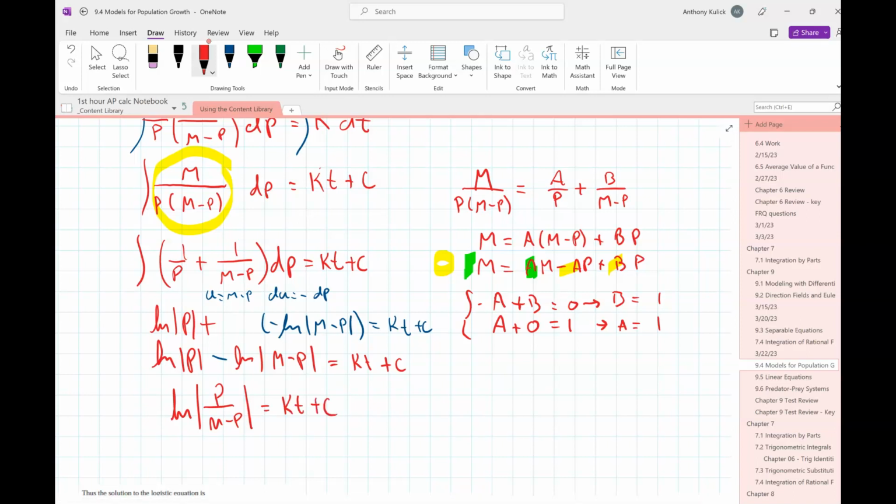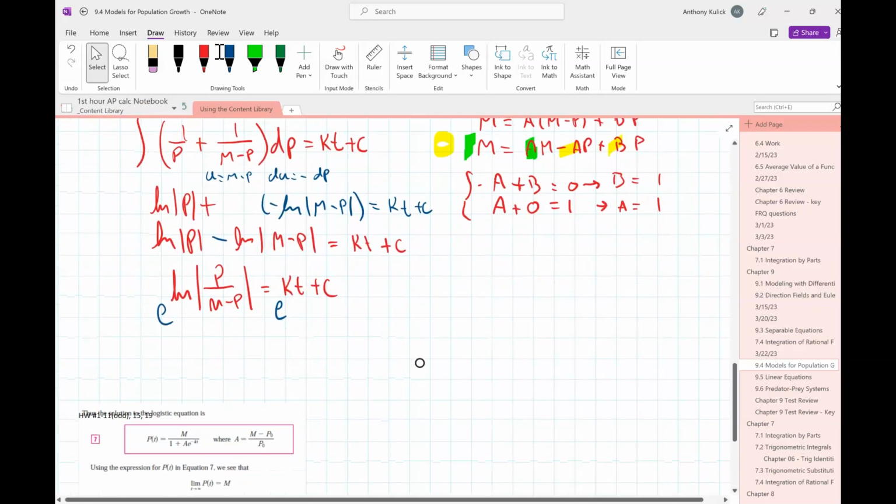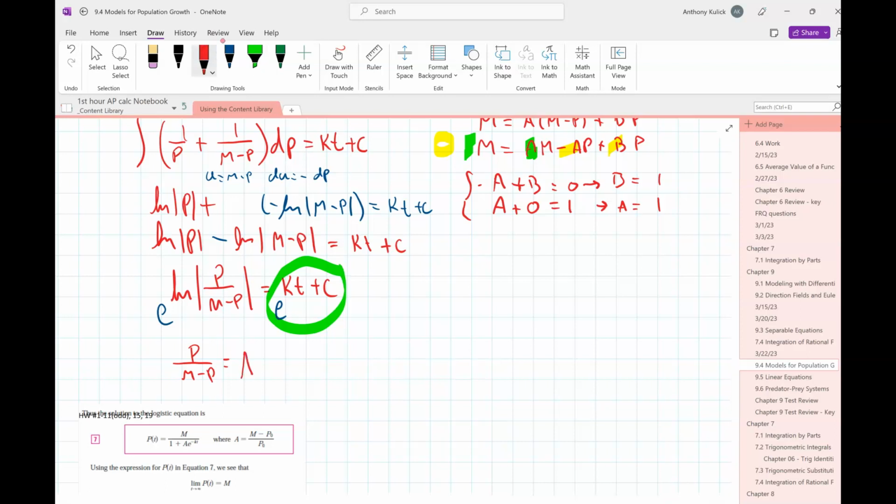And then I do exponent base e to both sides. The right-hand side here is just the exponential thing that we've done before.